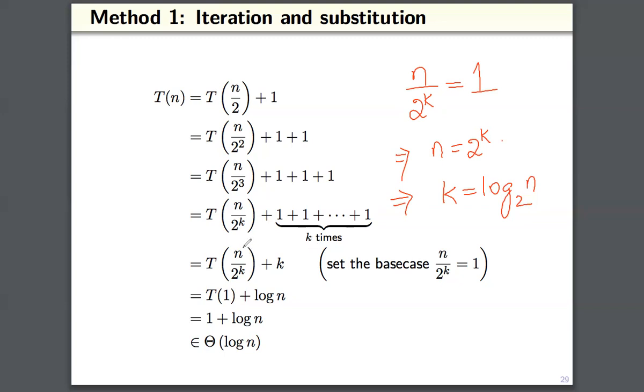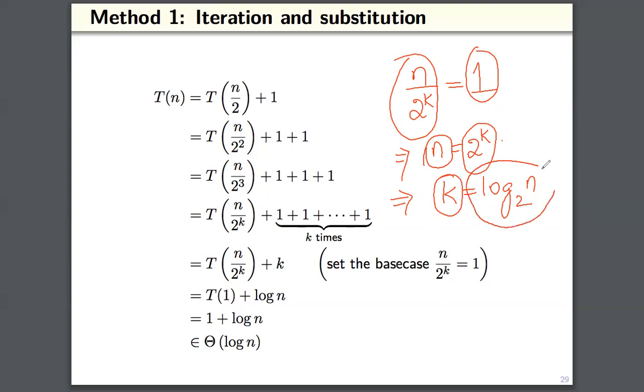So wherever you have n by 2 power k, substitute 1. Wherever you have 2 power k, substitute n. Wherever you have k, substitute log n base 2.